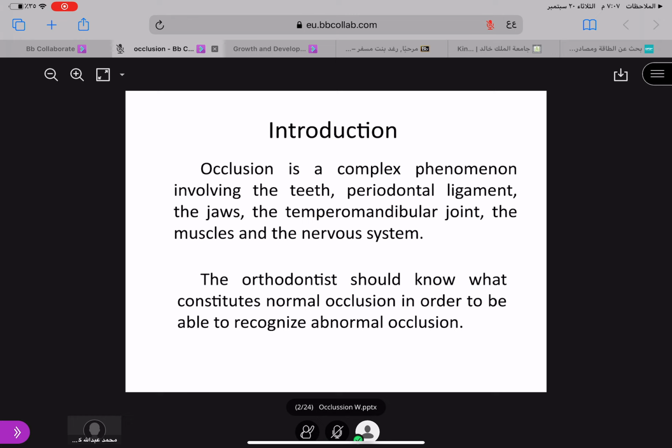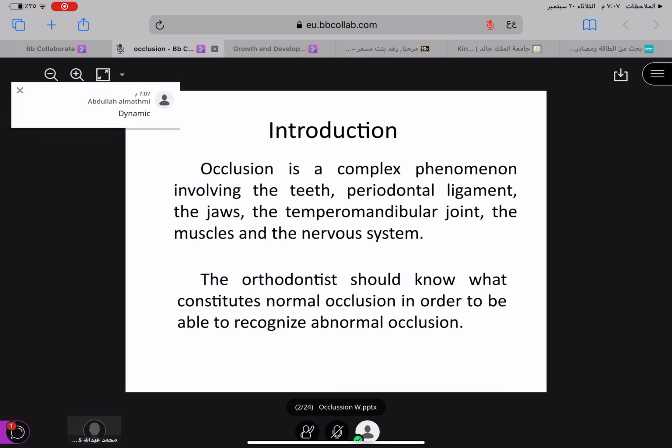Is occlusion a static condition or a dynamic condition? What is the meaning of dynamic?